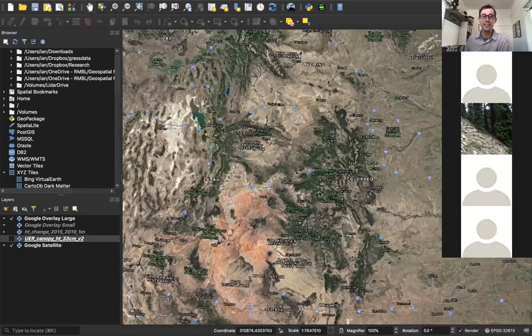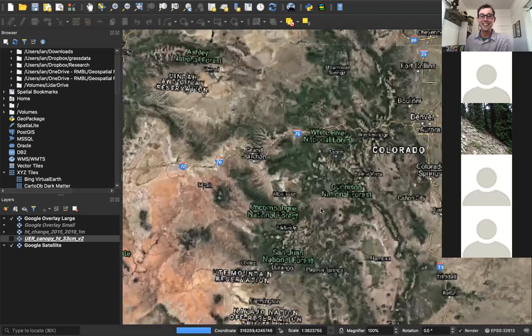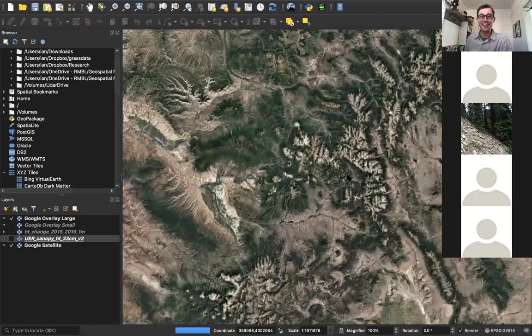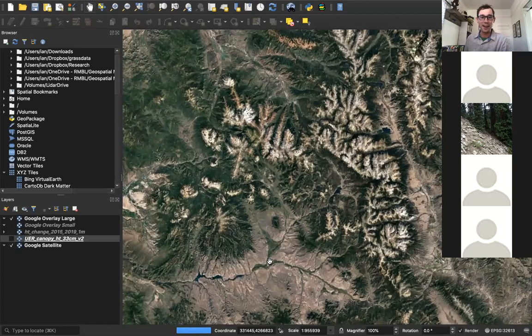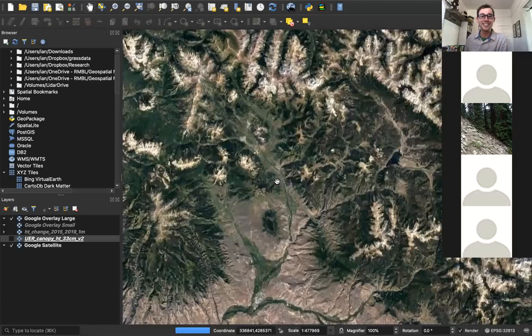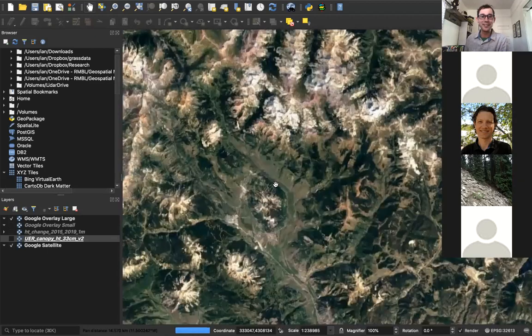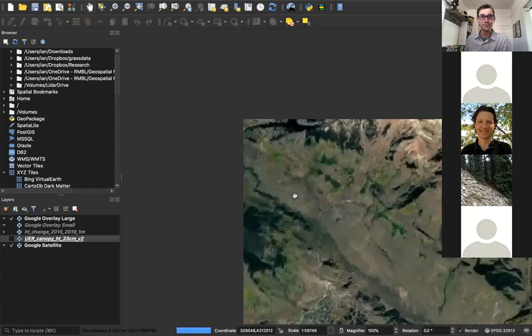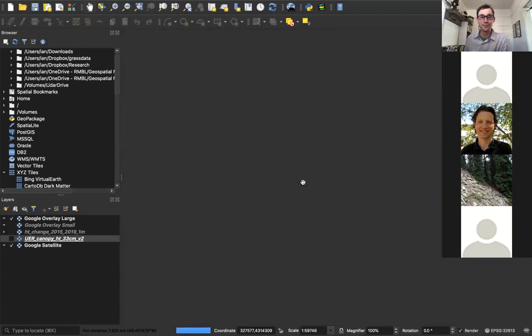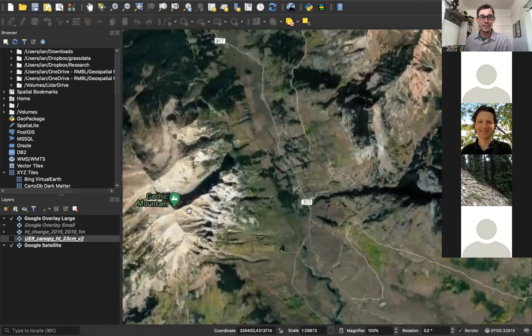Cool. So let's get oriented. I want to go out from, this is the Colorado Rockies, and we're going to zoom in to the Gunnison Basin. This is where I live down in the city of Gunnison. We're going to zoom all the way down into Rocky Mountain Biological Lab. You can see Gothic Mountain up here to the west.